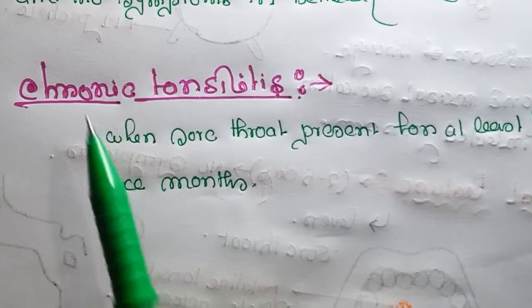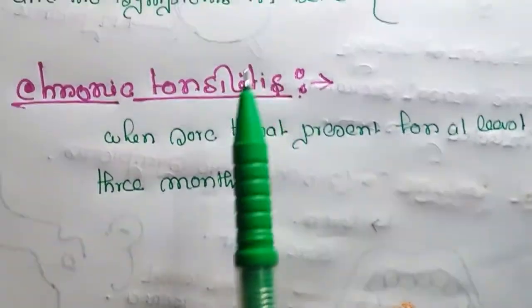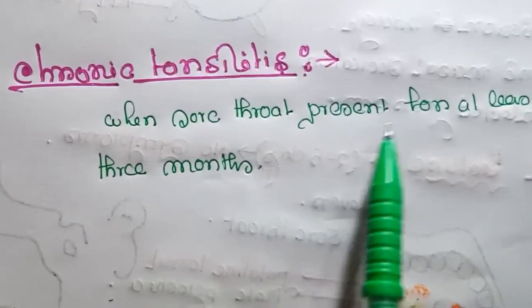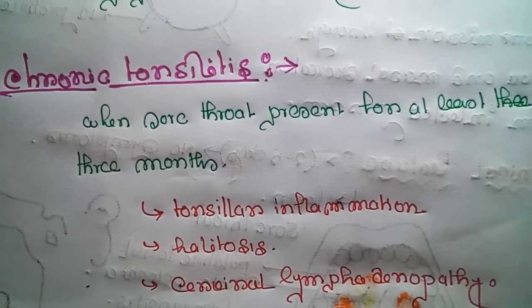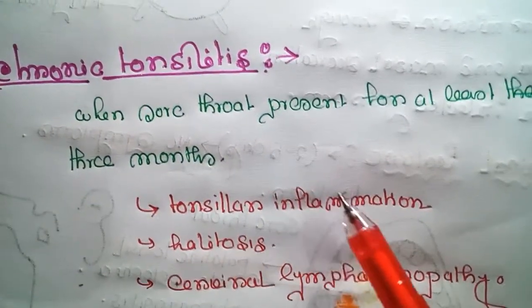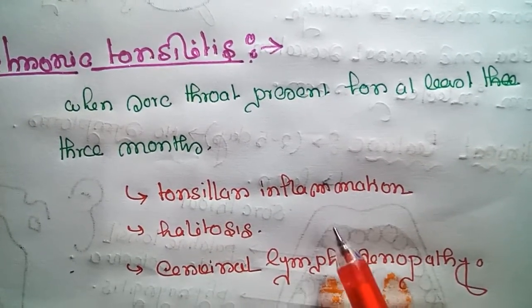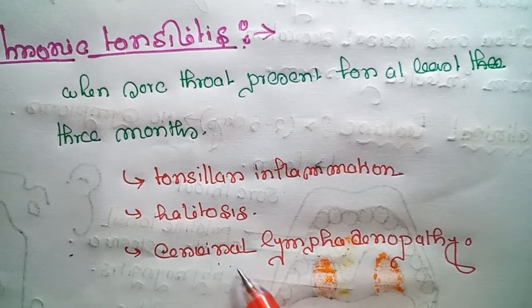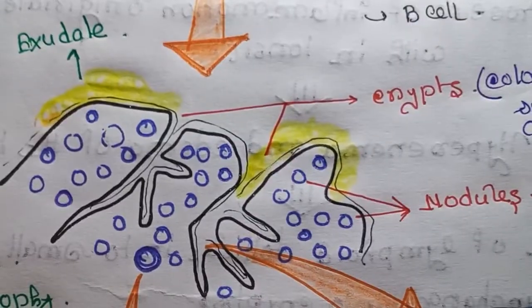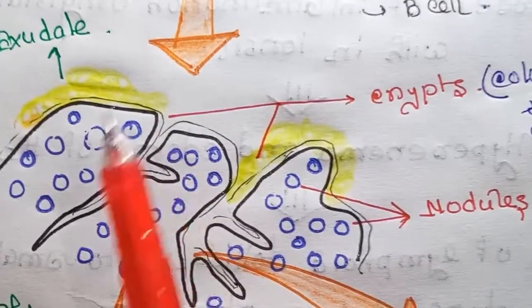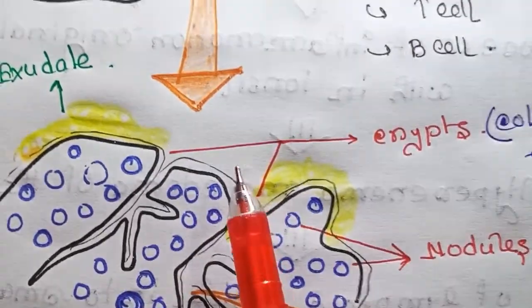Then you have chronic tonsillitis, which is when a sore throat is present for at least 3 months, associated with tonsillar inflammation, halitosis, that means smelly breath, and persistent tender cervical lymphadenopathy. Chronic tonsillitis may also be associated with tonsilloliths, which are biofilms that form within the tonsillar crypts.